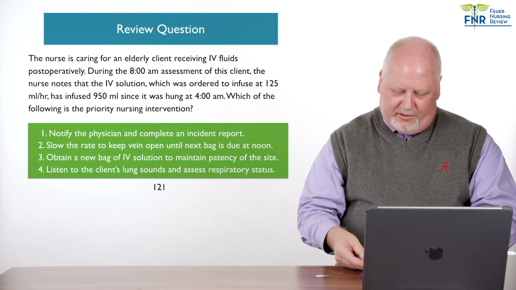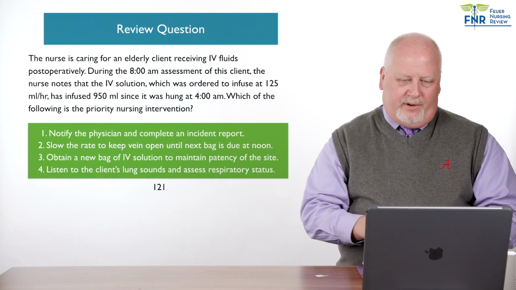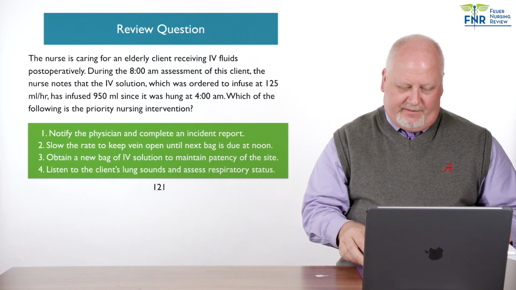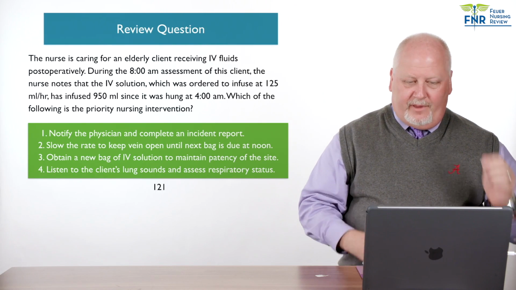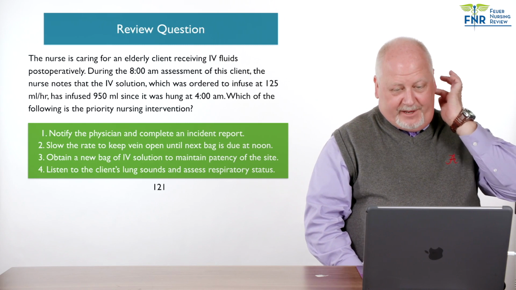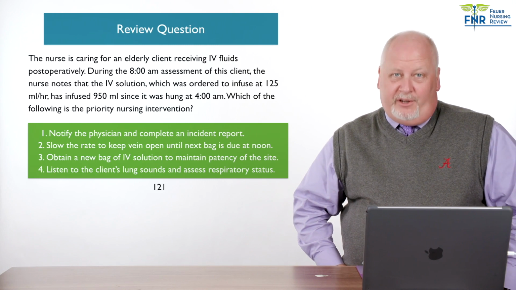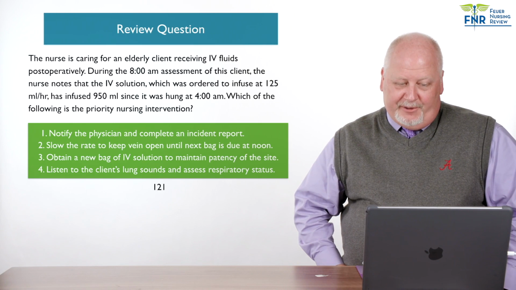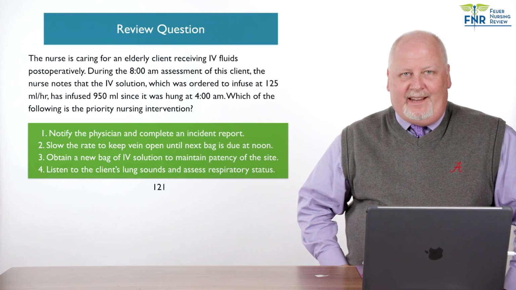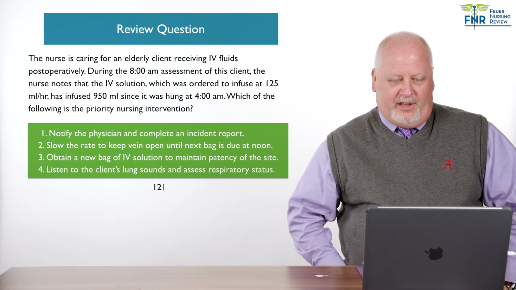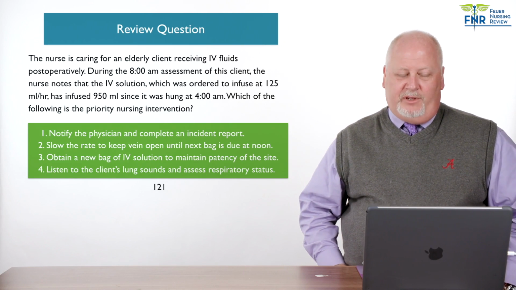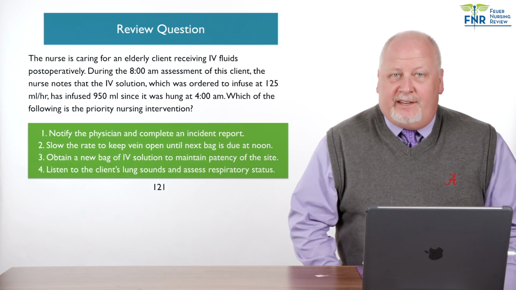All right, so we have our review question. We're caring for an elderly client who's receiving IV fluids. During the 8 a.m. assessment, the IV solution, which was ordered to infuse at 125 milliliters per hour, has infused 950 milliliters since it was hung at 4 a.m. So which of the following is the priority nursing intervention?